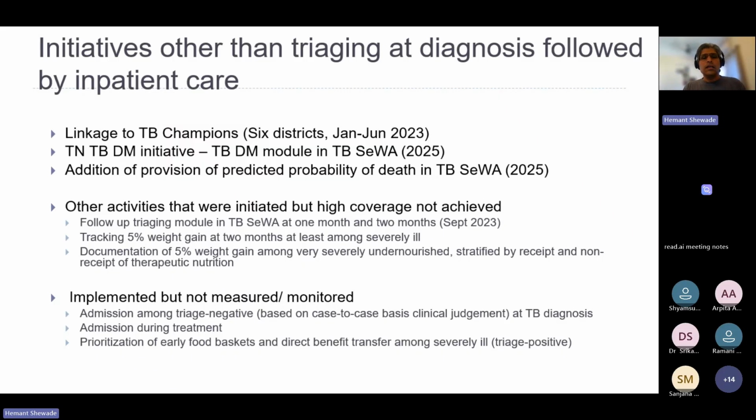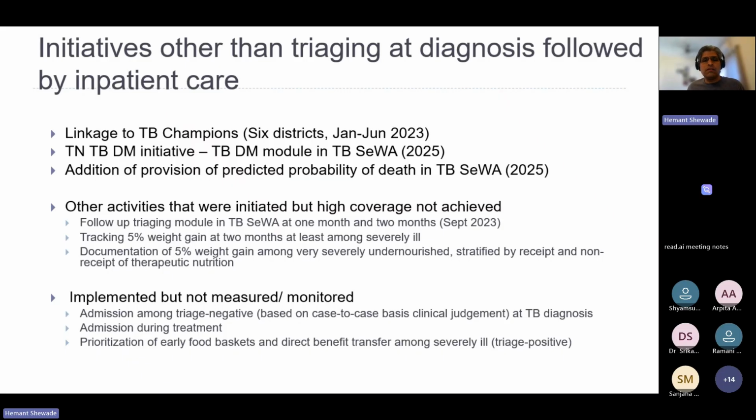There were other activities initiated with an intention to systematically monitor and track, but high coverage was not achieved. That is follow-up triaging. A module was introduced in TB Seva at 1 month and 2 months, where those 10 to 15% that are severely ill triage positive at diagnosis would be tracked at 1 month and 2 months.